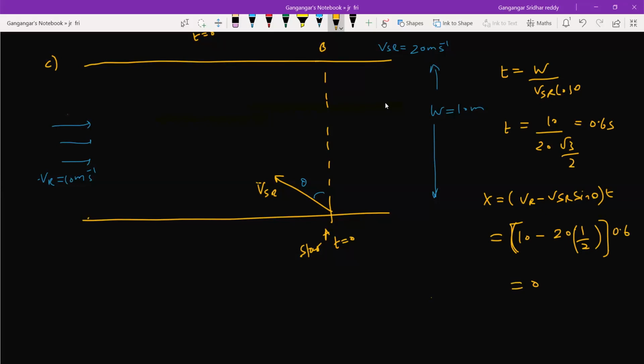What do you mean by that? The river current will push him in such a way that he will reach exactly here. This is the end point. So here the drift is 0. You ask the swimmer where he is heading. He says that I'm heading somewhere here.